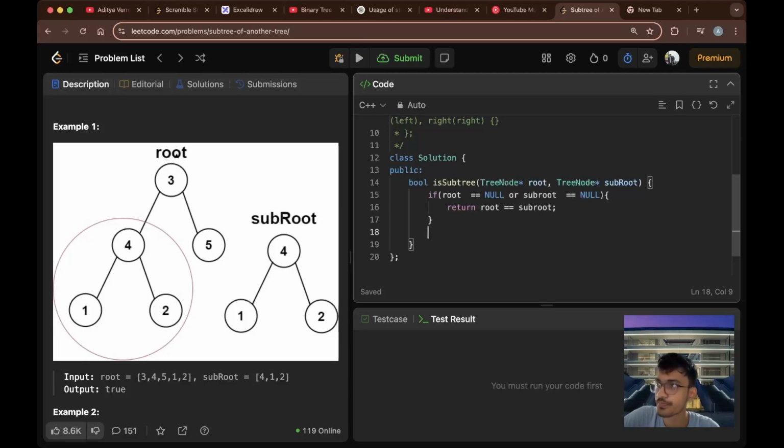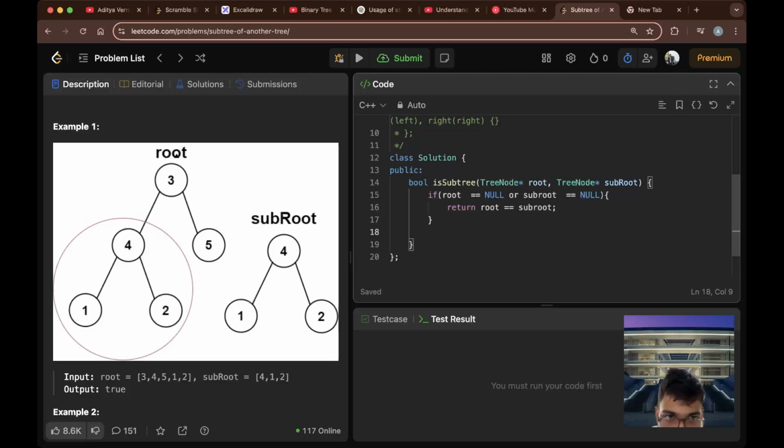If root is there but subRoot is null, then also it is not. Null is nothing.